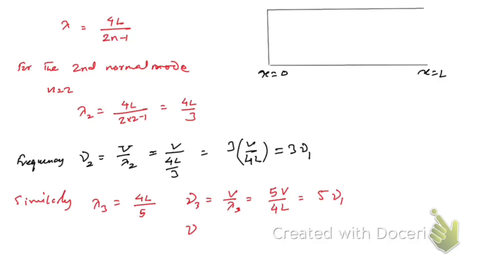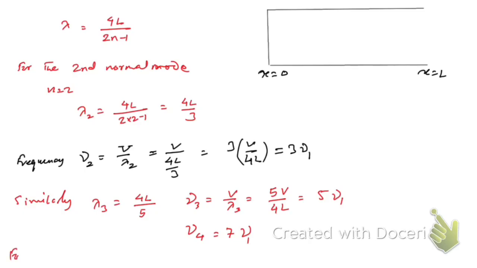Similarly nu 4 is 7 times nu 1. So 3, 5, 7 and so on. That's how we're going to have.